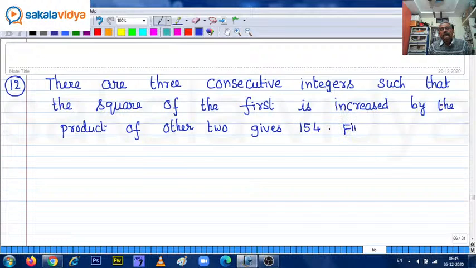Find the integers. So this is the question.